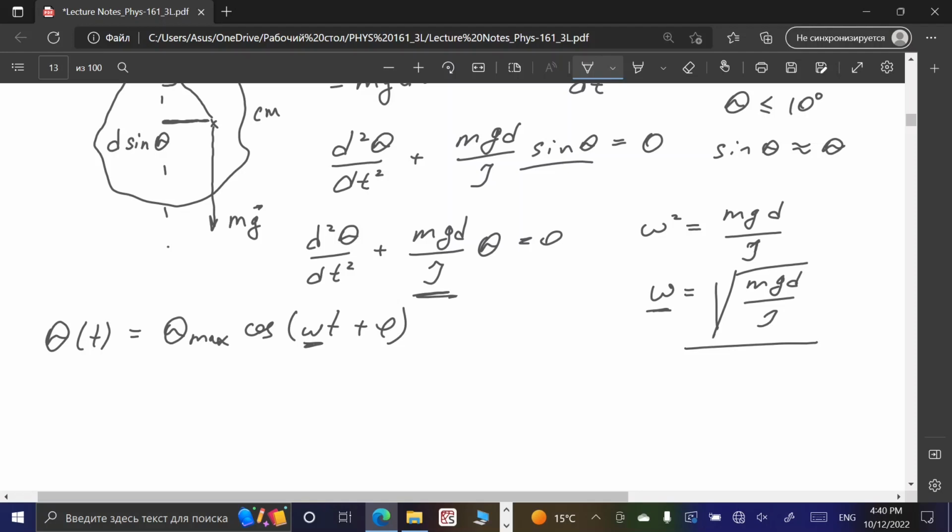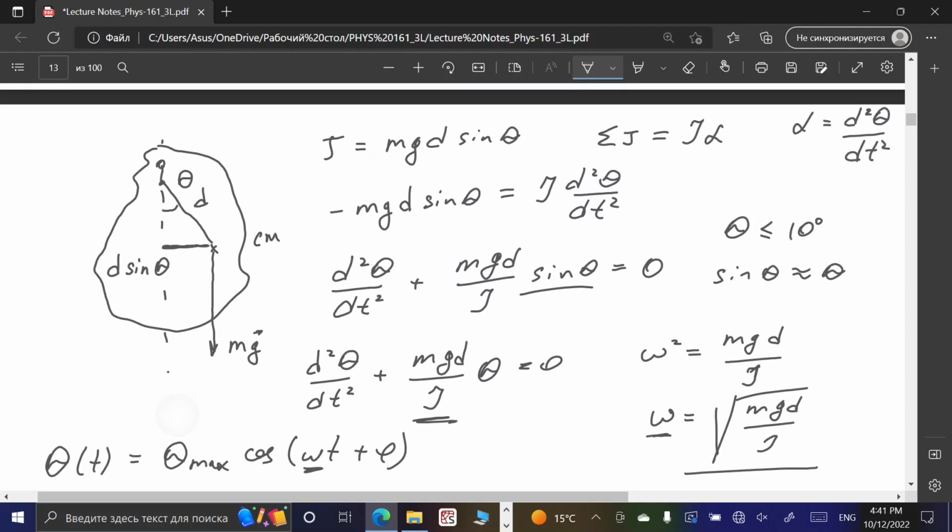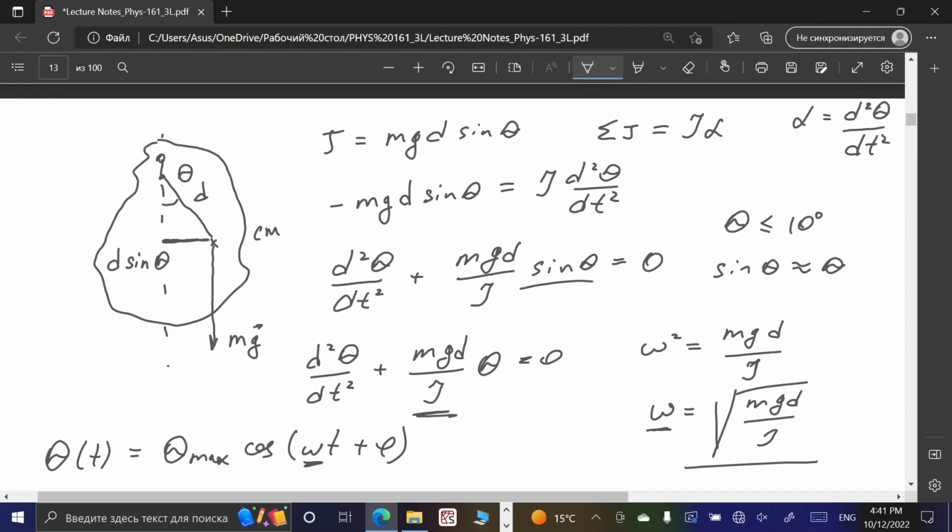And also we have this I in the denominator, which is the moment of inertia with respect to the axis of rotation, which we defined previously, like axis of rotation O, about which this oscillation is happening.